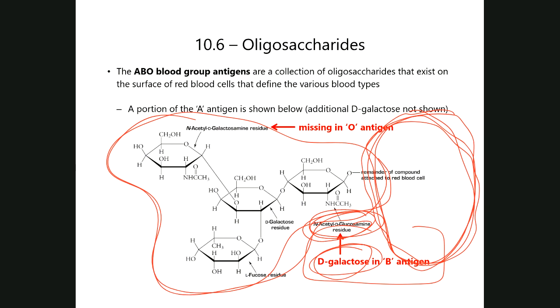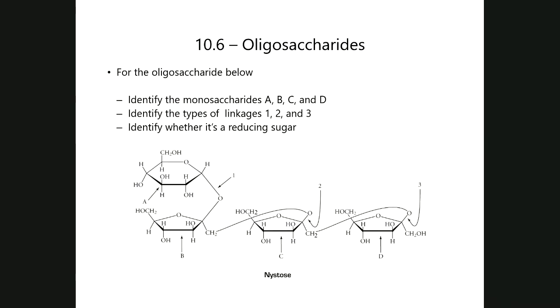All right. So let's look at some examples of substances and try to identify what sugars are involved and what type of linkages are associated with these sugars. So this is an oligosaccharide, has 4 sugars, so we call it a tetrasaccharide. So the question is, what's sugar A, sugar B, sugar C, and sugar D?